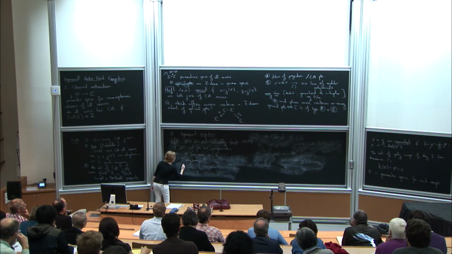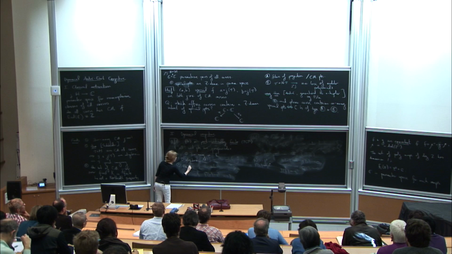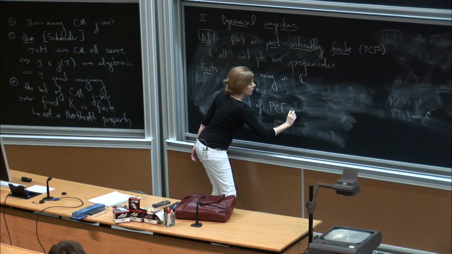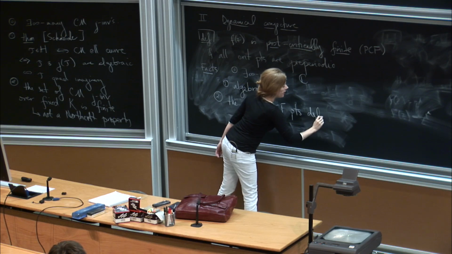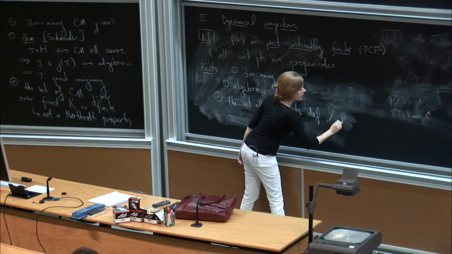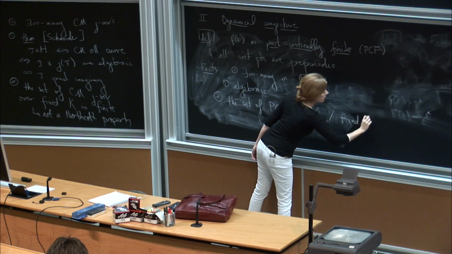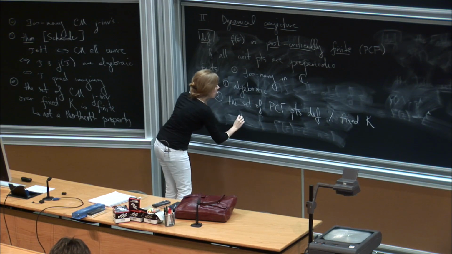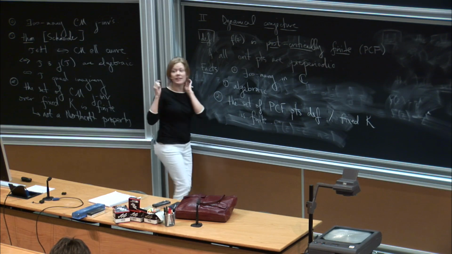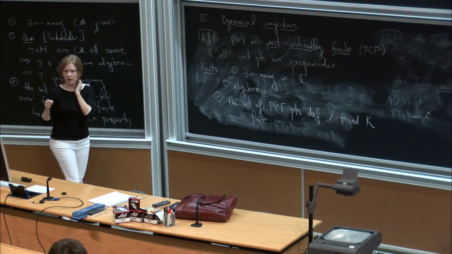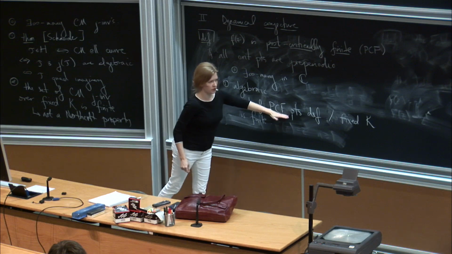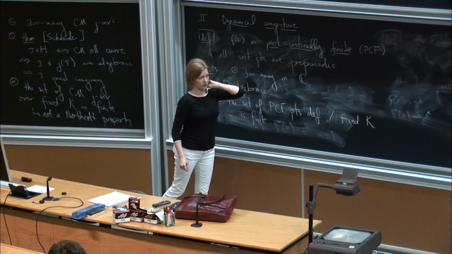Secondly, they also have a finiteness property. The set of points that are PCF defined over a given number field is finite. This is a Northcott property. Actually this takes quite a bit of work to show in general, but it's easy to show in this family.